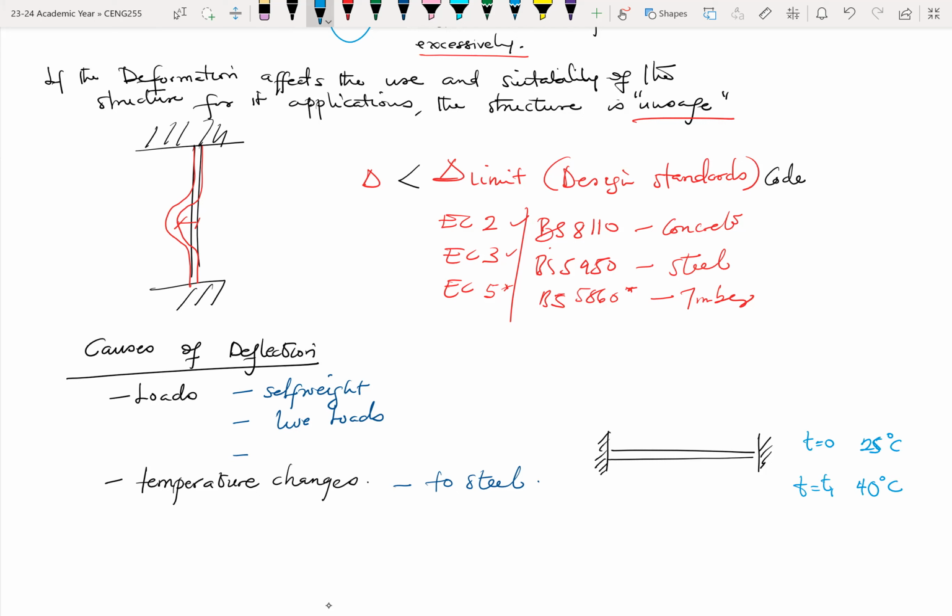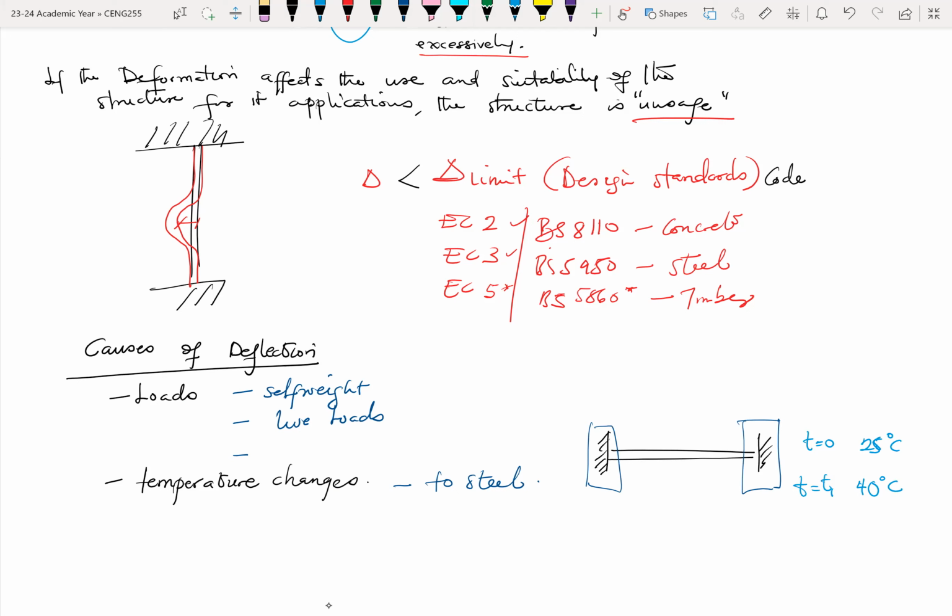So at 40 degrees Celsius, the steel member is supposed to expand, but because of the presence of these fixed supports, it will not allow any expansion to occur. All right. So it means that stresses will be built up within the steel member, and this could cause it to deflect downwards.